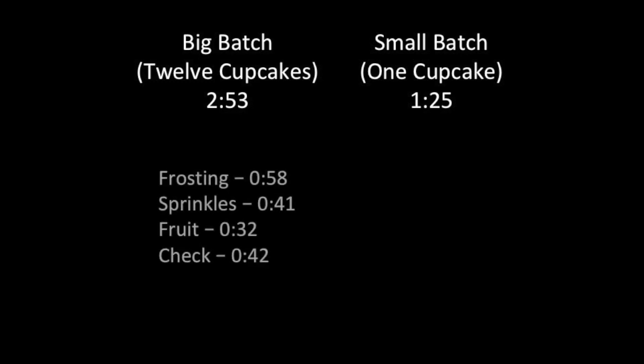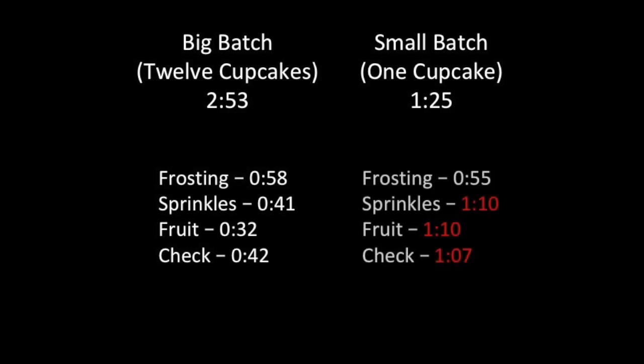But if we look at the times for each individual worker, from the time they touched the first cupcake until the time they finished the last cupcake, you get a different set of numbers. And if you didn't know the total time through the system, or you were incentivized to only consider the individual times, then you'd probably pick the big batch process, even though the small batch process provides value to your customer more quickly.